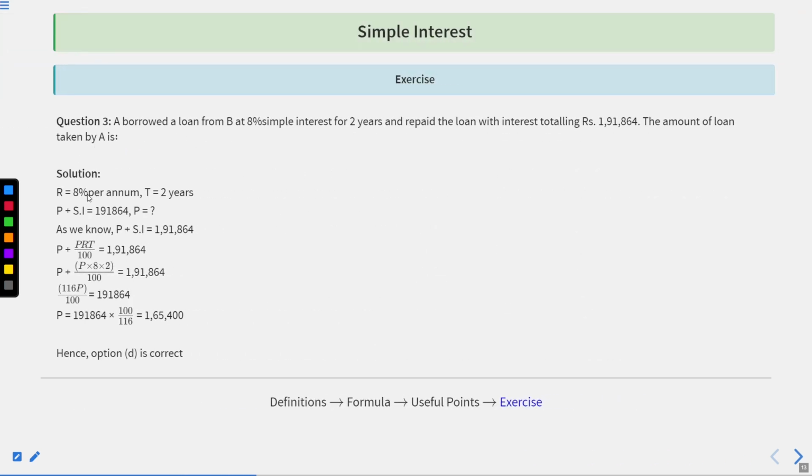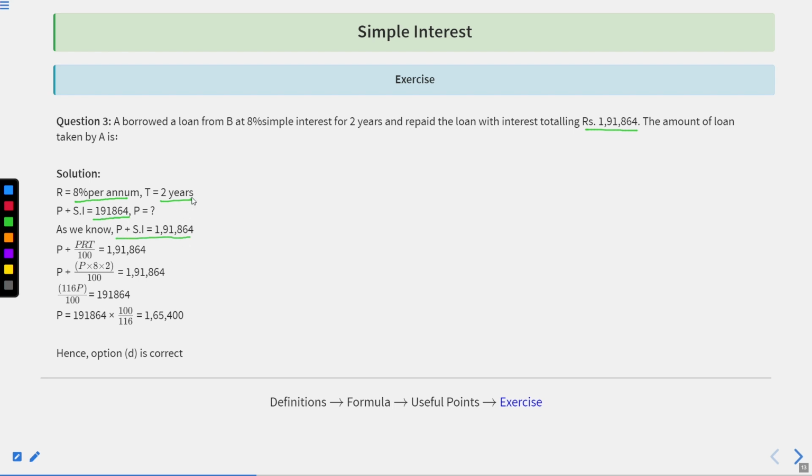So here rate is 8% per annum and time is 2 years. So it is given that the total amount repaid by him at the end of 2 years was 1,91,864. That means principal plus simple interest is given to us, that is 1,91,864.